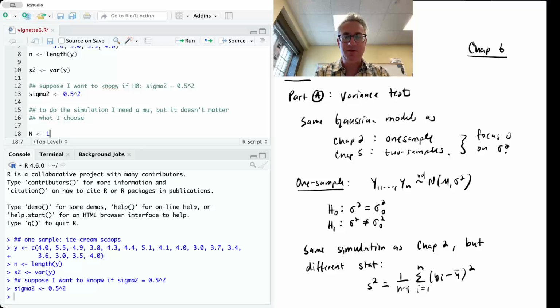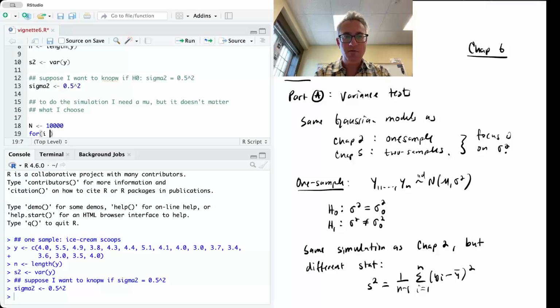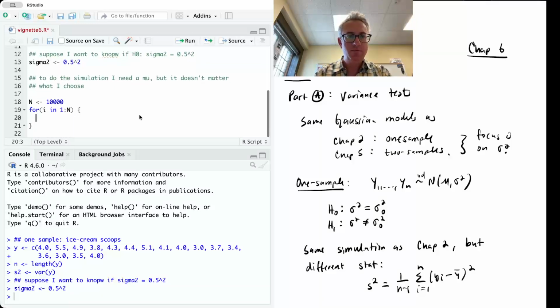Okay, so let's do a big simulation loop. In my notes, I did 100,000, but I don't know if that many is actually necessary. So I'm going to generate some Gaussian samples of size n, which is the same length as my data set, and I'm going to use the value of mu. I'm just going to put in 4. It doesn't really matter what you do. Pick a different number if you want to.